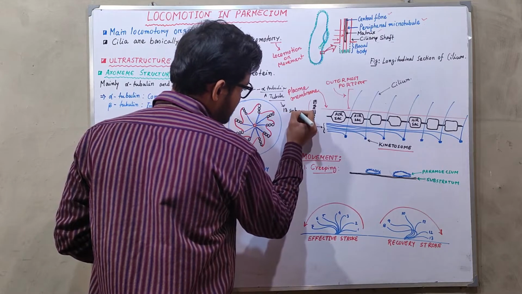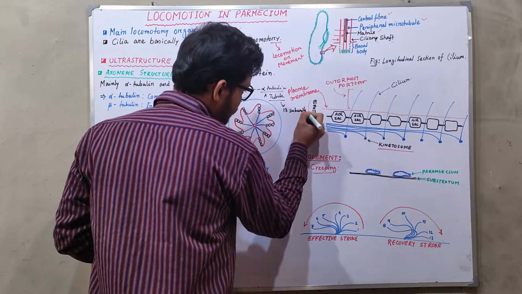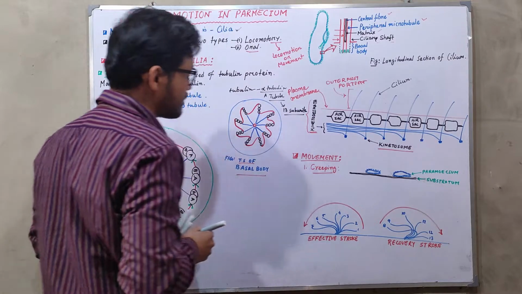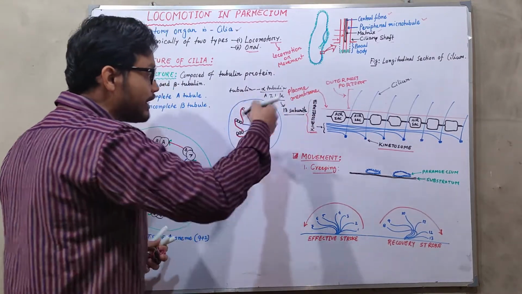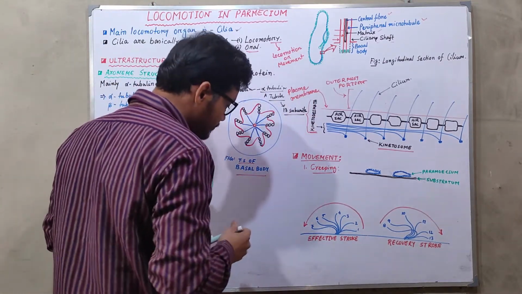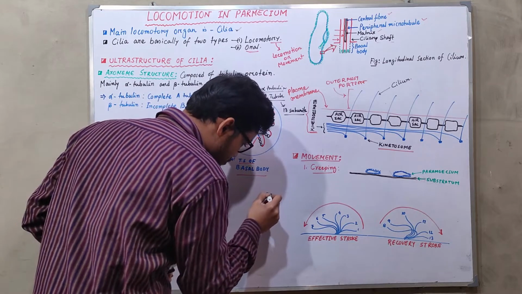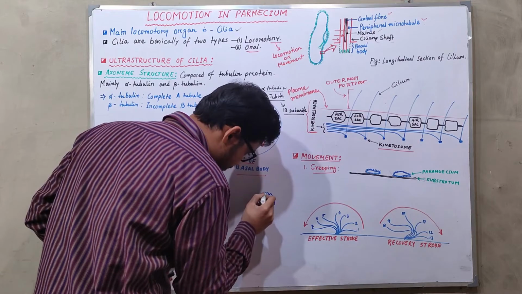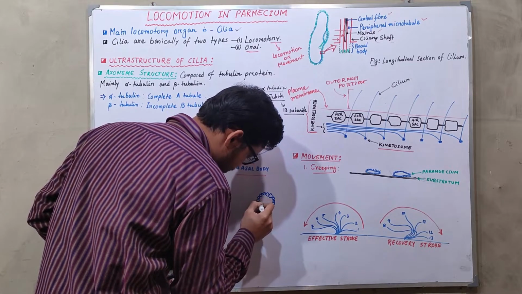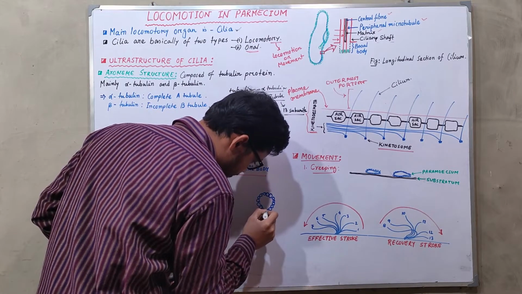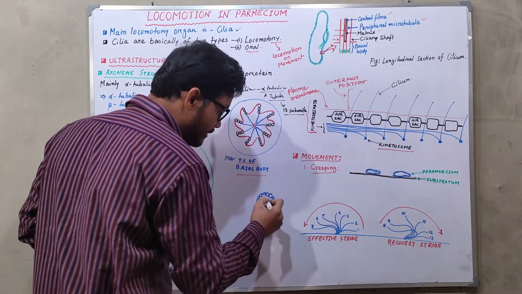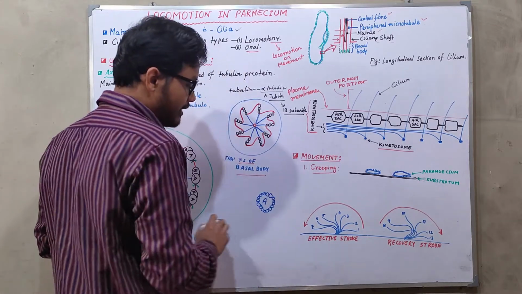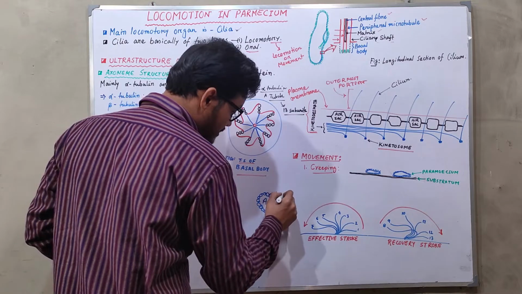Those subunits attach with each other and make a complete A tubule. These are microtubule structures, so 13 subunits are attached together and make a complete A tubule.